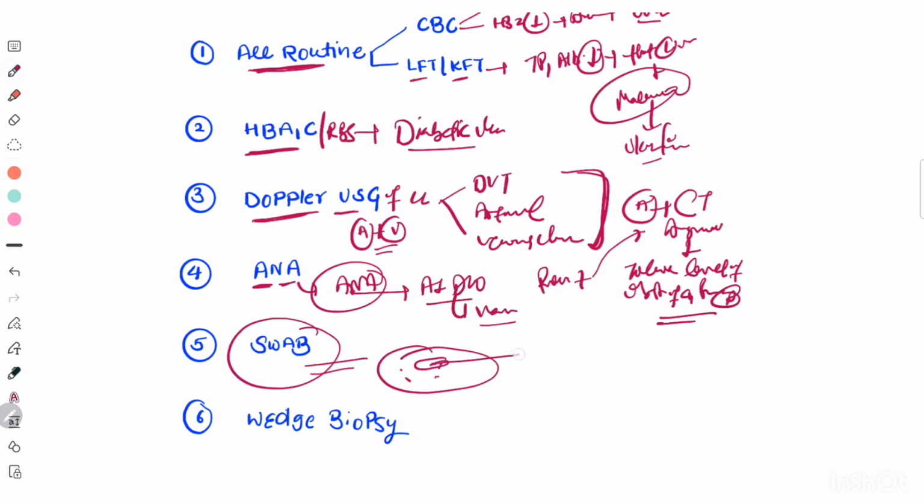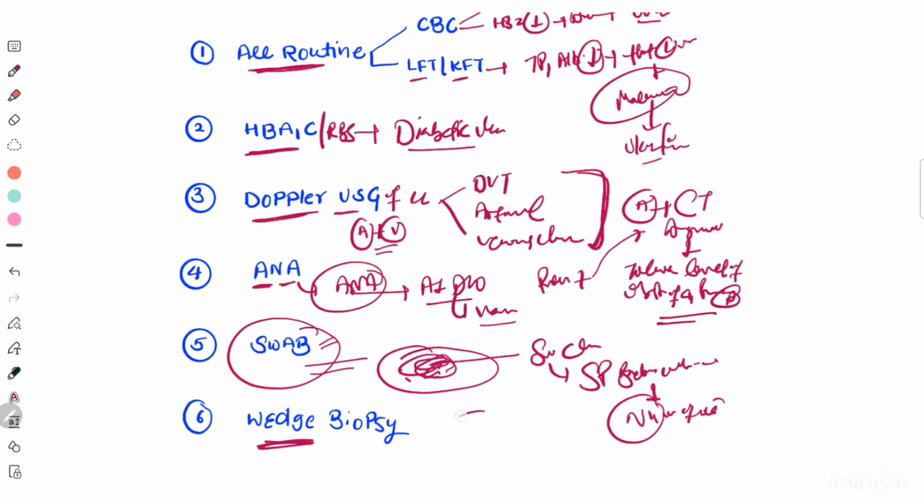You take a swab from the floor of the ulcer and send it for culture, and you can identify the specific bacteria which is growing at the floor and causing non-healing of the ulcer. So you can send a swab and a wedge biopsy. Like if this is the ulcer, you can send a triangular shaped biopsy from the edge like this, but you should prefer this type of biopsy in which the normal tissue can be taken and the part of the ulcer can be taken to compare.